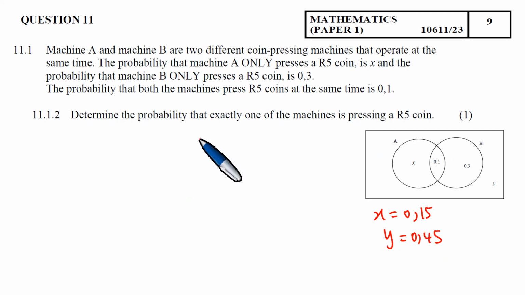The probability that exactly one of the machines is pressing a 5 rand coin would mean that it's either x plus 0.3.